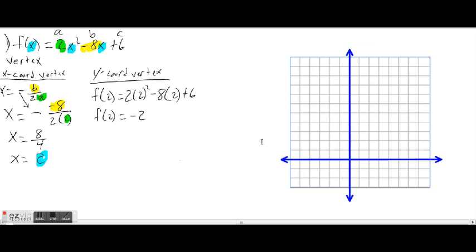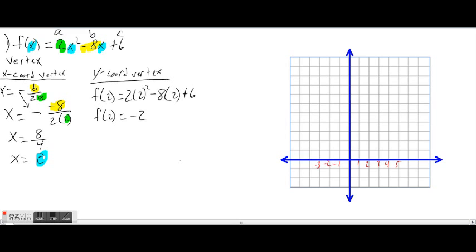Make it easy on yourself. So I'm seeing 2, negative 2. So here's 2 over here, and then negative 2. And I know this graph is going to open up, so I don't need much negative space on the negative side.